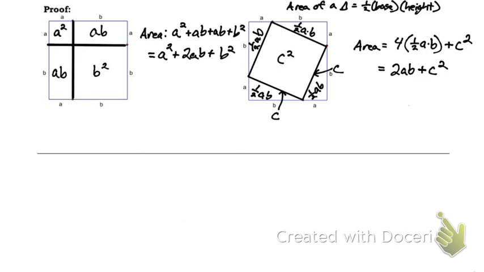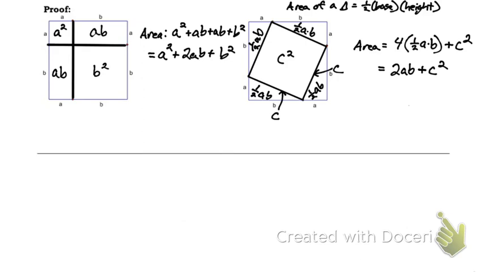Now, I didn't break anything. These are still the exact same squares with sides A plus B all the way around. So this area must be the exact same thing as that area.